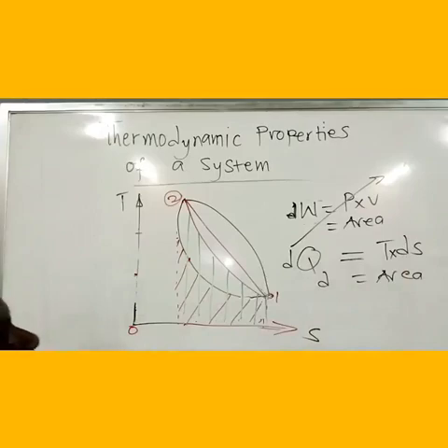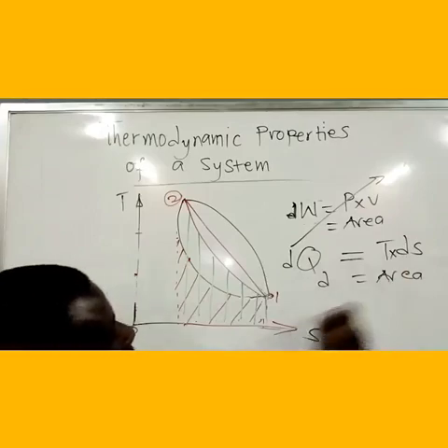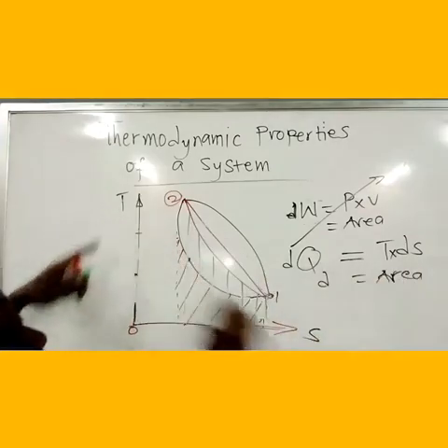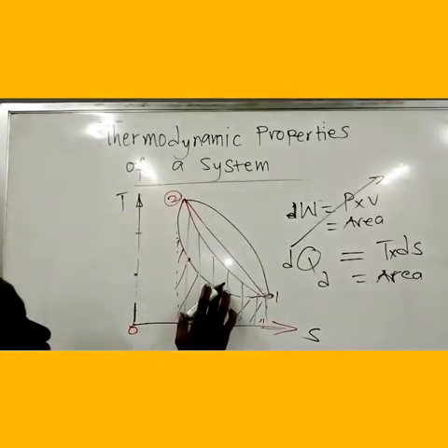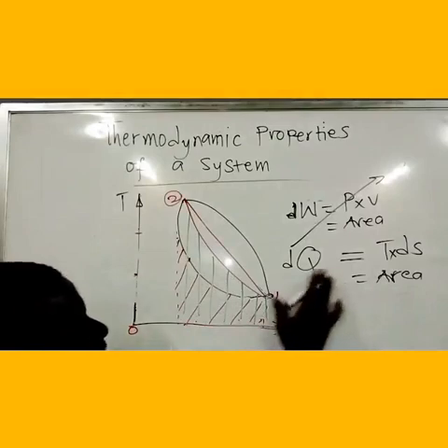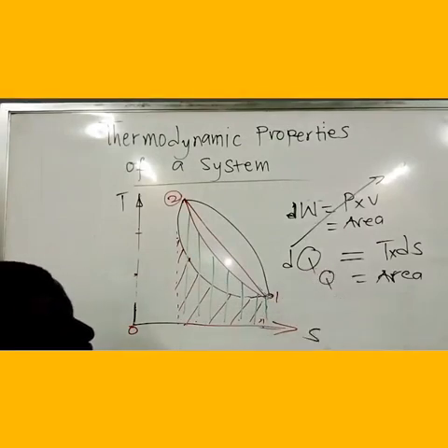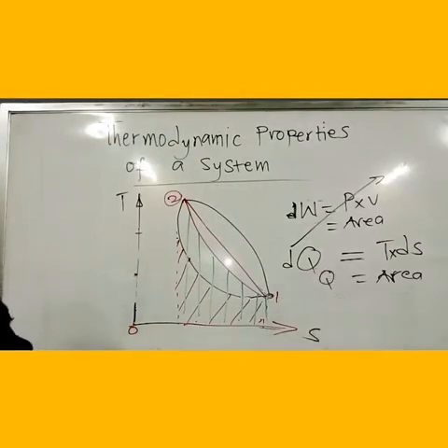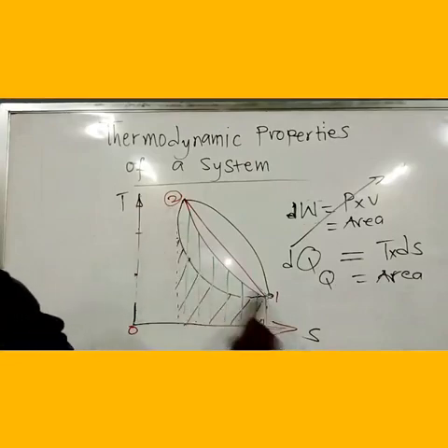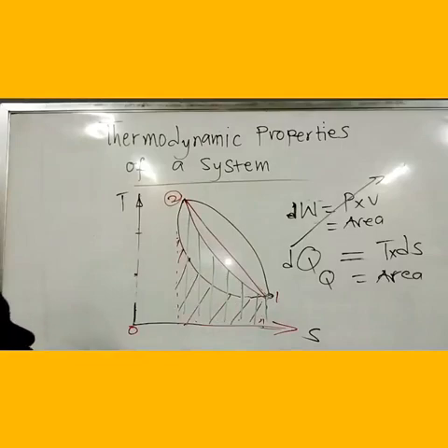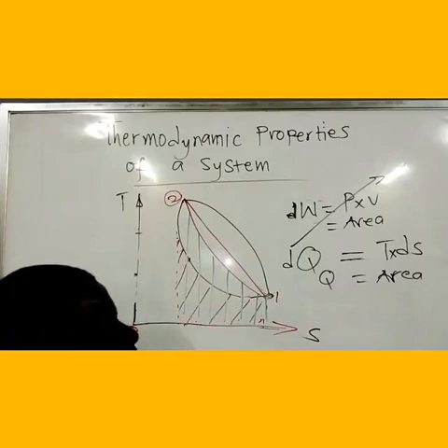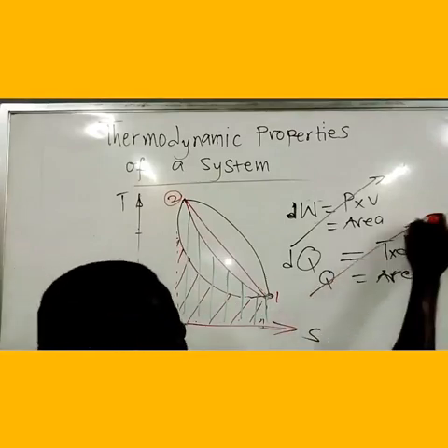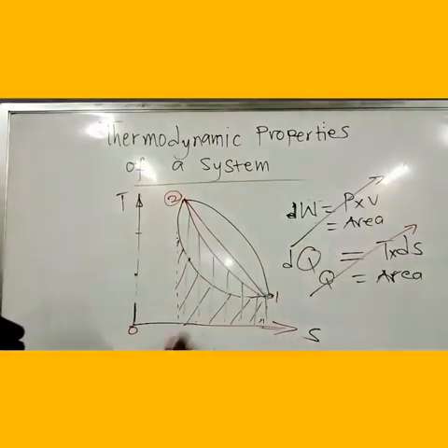So the area under this TS graph will give us heat, which means that heat depends on the graph or the line traced from the first initial point to the last point. So heat is not a thermodynamic property of a system because heat depends on the path.